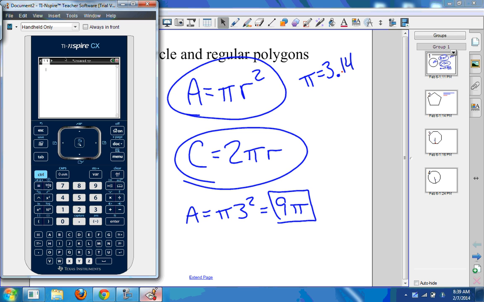If we multiply 9 times pi, make sure you use the pi button. It'll give us a little more accurate answer. So we hit 9, and then times, and our pi button is located down at the bottom left corner. So we hit pi, and we get 28.27 for that.